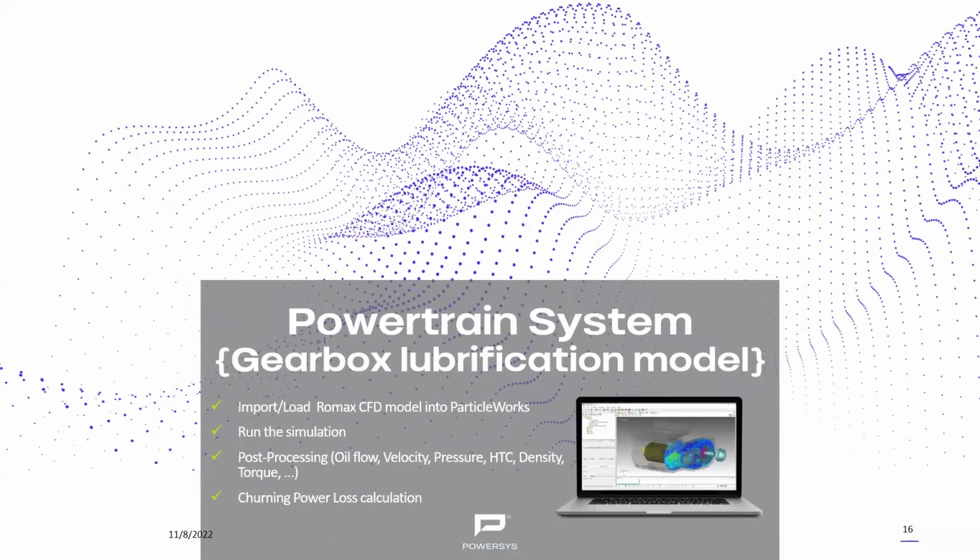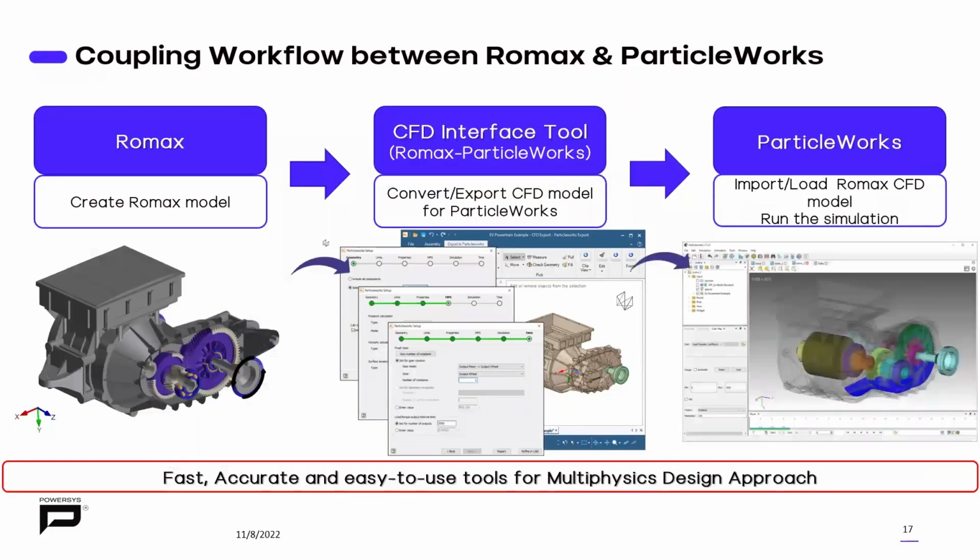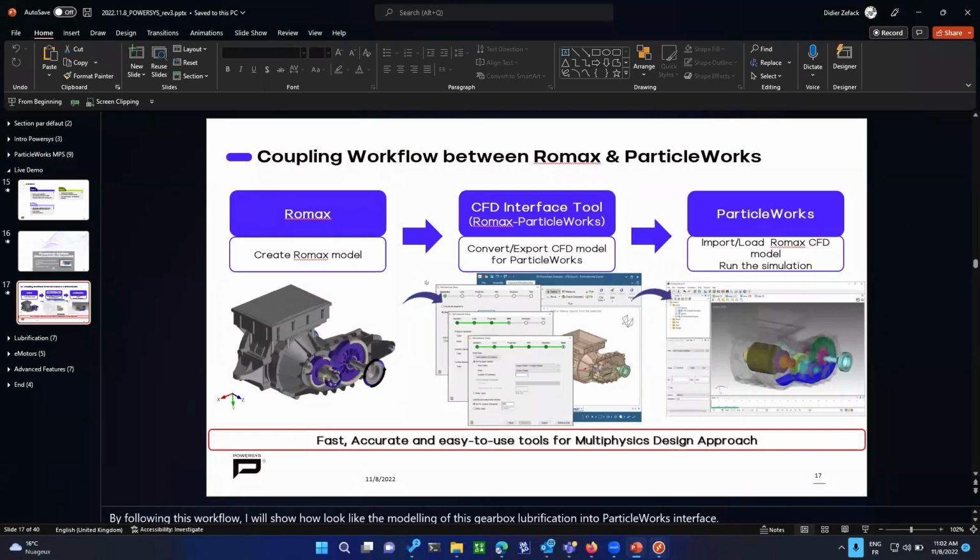Okay, so regarding the demonstration, Rob showed you how to export the model. Then from Particleworks, they imported this model. I just ran the simulation to check the oil flow distribution in the gearbox.